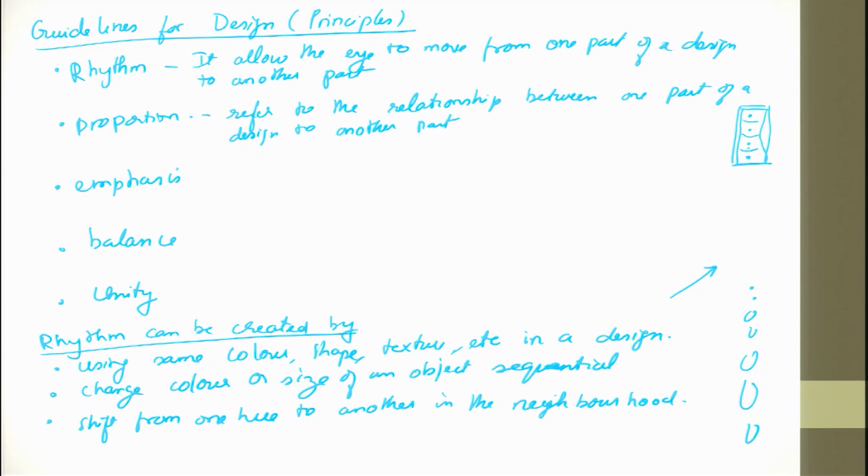So, these are referred to as the relationship between this color or this spot with respect to the entire thing. So, this is what is called proportion. Proportion refers to the relationship between one part in the drawing of a design to the other part of the same design.